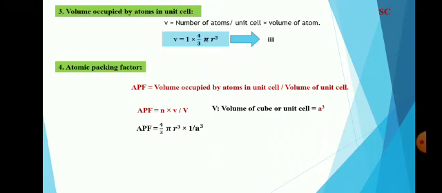So putting the value in this equation, we get the atomic packing factor is equal to 4 by 3 pi r cube into 1 upon a cube. Solving this, it is 4 pi r cube divided by 3a cube.